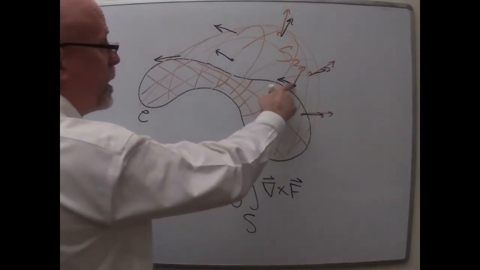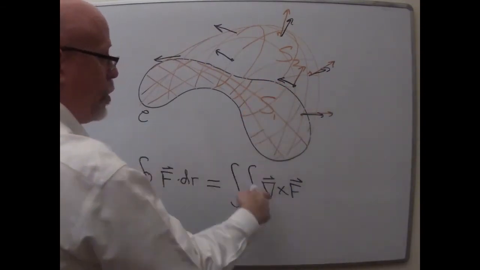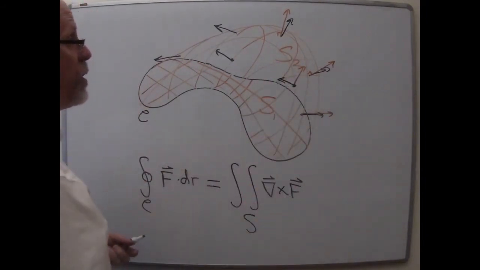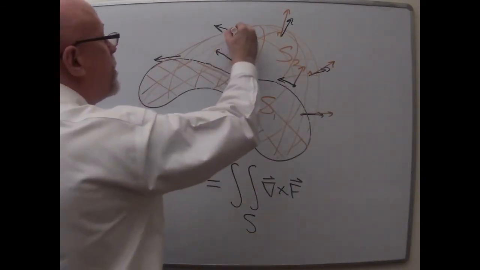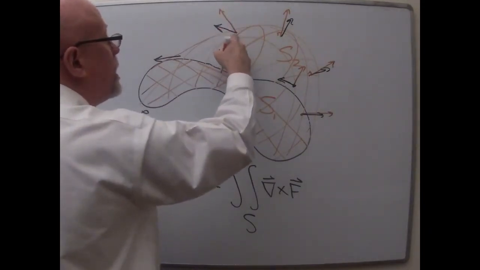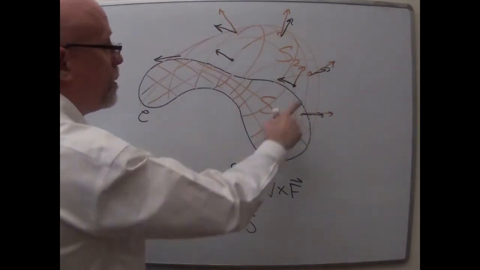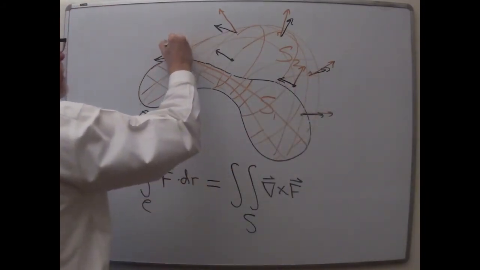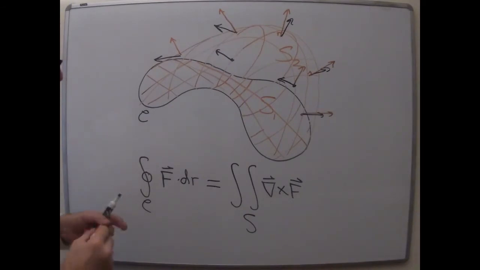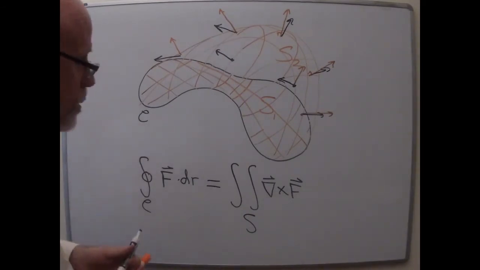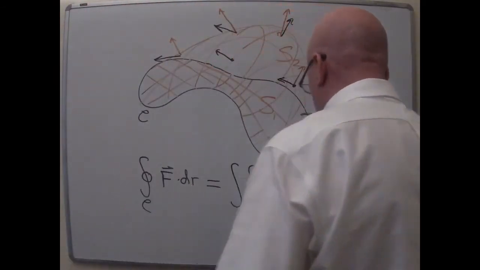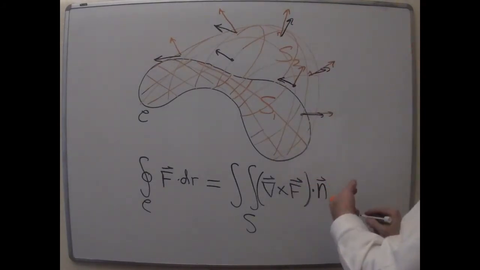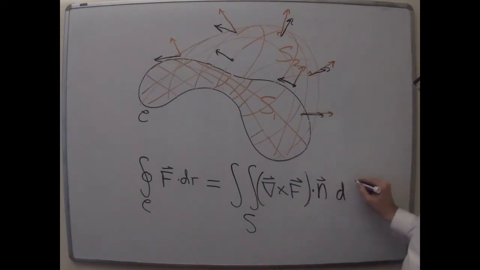So a spot like here where the curl field and the normal vector are 90 degrees to each other contributes nothing to this integral. But if the things are more or less aligned, or perfectly aligned like these two are, then you'll get some contribution. So what we have to do is take del cross F and dot it with a normal vector and integrate that with respect to the surface area.